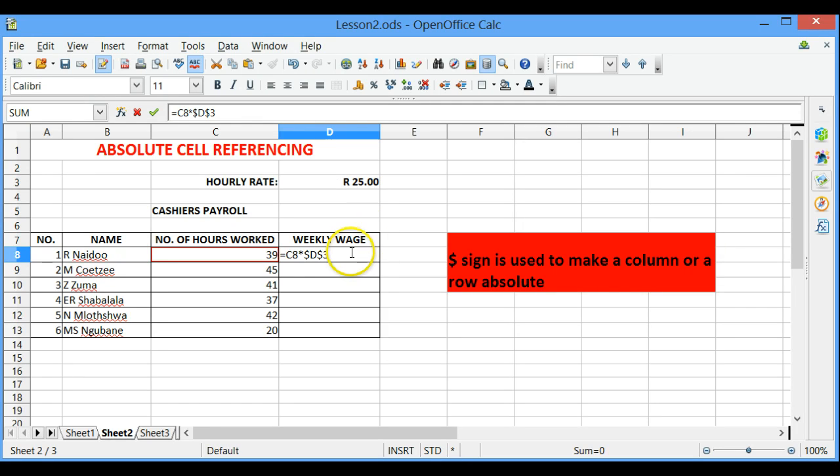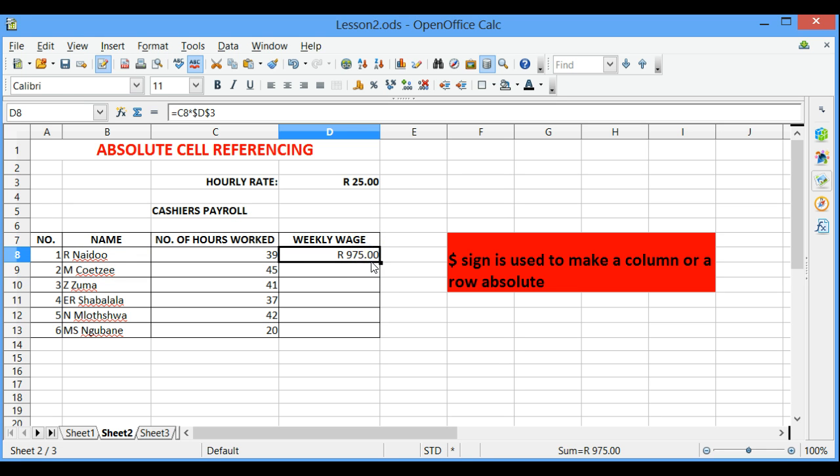So the formula that I have typed in cell D8 is equal to C8, which is relative, times $D$3. That means cell D3 is now absolute because I have a $ in front of the column letter and in front of the row number. I press my enter key and I have my weekly wage for Arnedo.